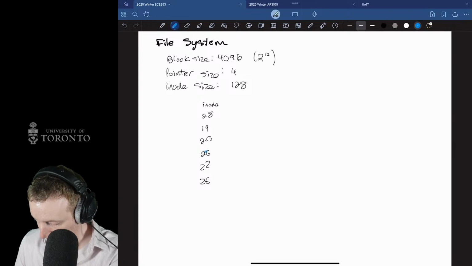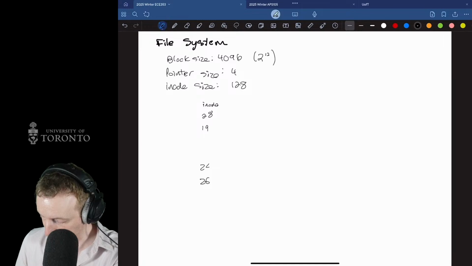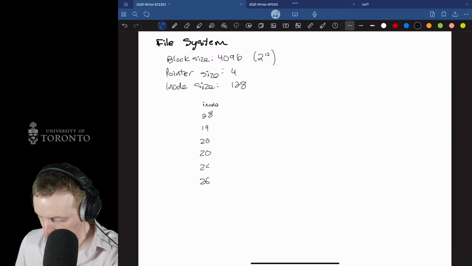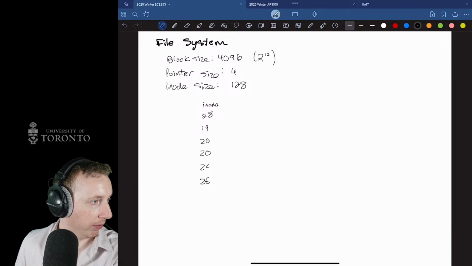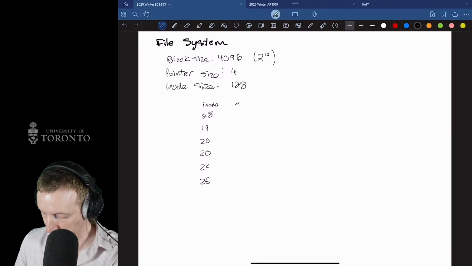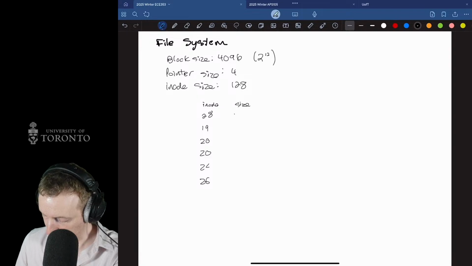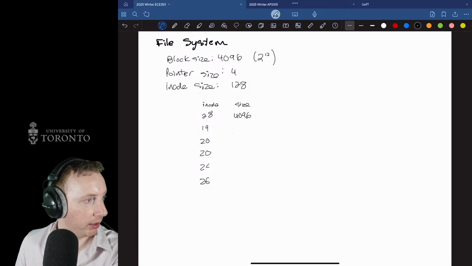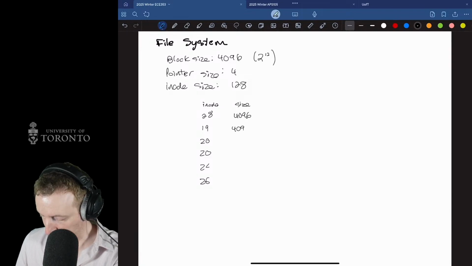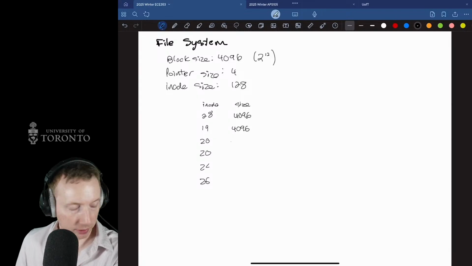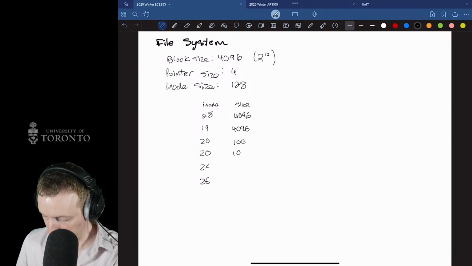Let me rewrite the 20s. So we have inode 20, 20, and then the sizes, the other relevant column: 4096, 4096, 100, 100.